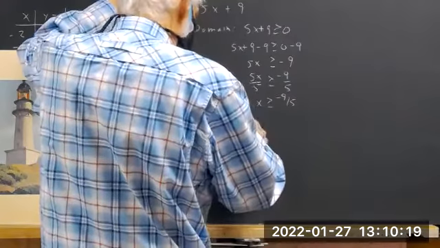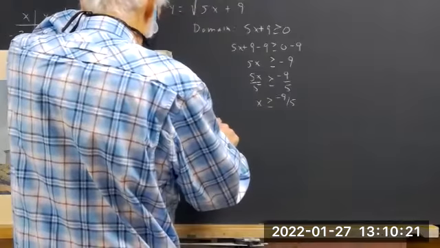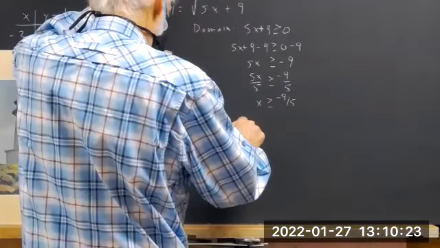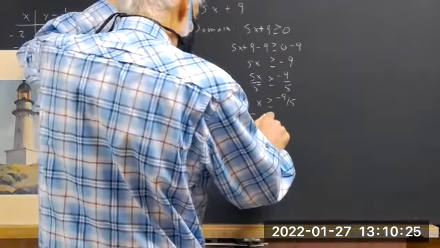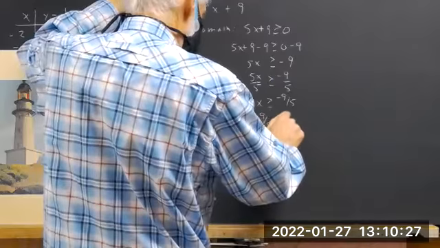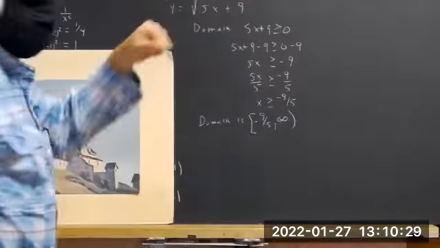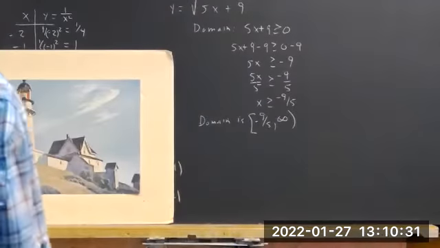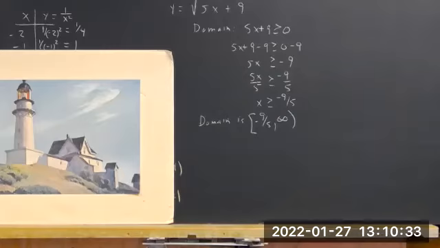And that means the domain is the interval from negative 9 over 5 to infinity. Now I'm pretty sure everybody's algebra is up to this. It's a simple linear inequality. If not, you better review it. Make sense?